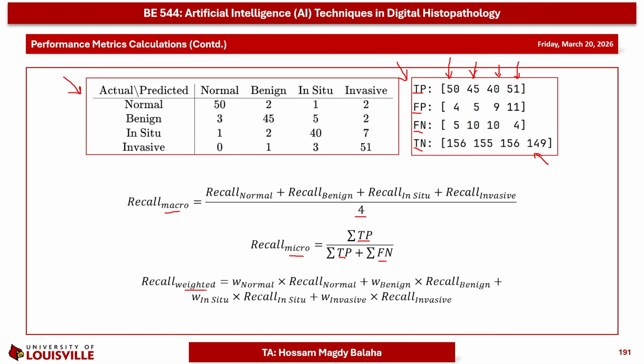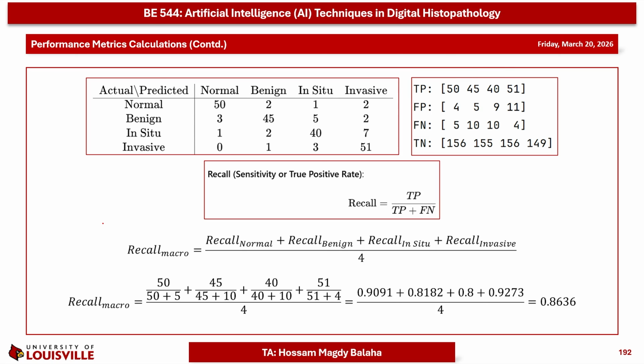In weighted recall, you are multiplying each recall for each category by its weight. So let's start by calculating the macro recall. The recall is true positive over true positive plus false negative. So the recall for the normal is 50 over 50 plus 5. And the recall for the benign is 45 over 45 plus 10.